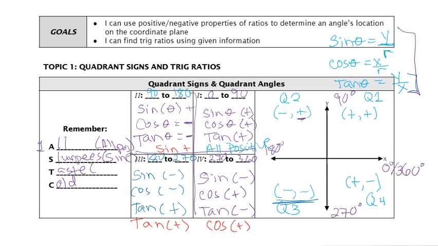In quadrant number 3, tangent's positive. And quadrant number 4, cosine's positive. There's also the phrase, all students take calculus. I'm going to use all Slurpees taste cold, but either way, that helps us remember the quadrants. So that's all positive, sine positive, tangent positive, cosine positive.